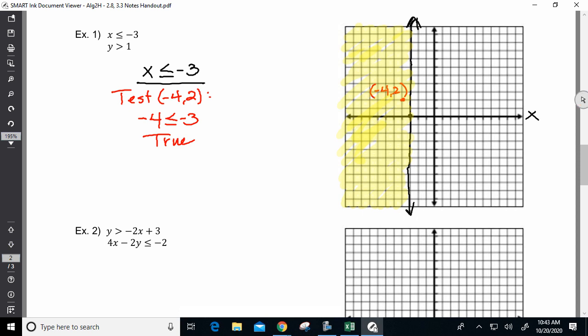So we're halfway done. Now we do the same thing for y is greater than 1. Go to the y-axis, put your point on 1. Since it's a greater than sign, you're going to have a dotted line.